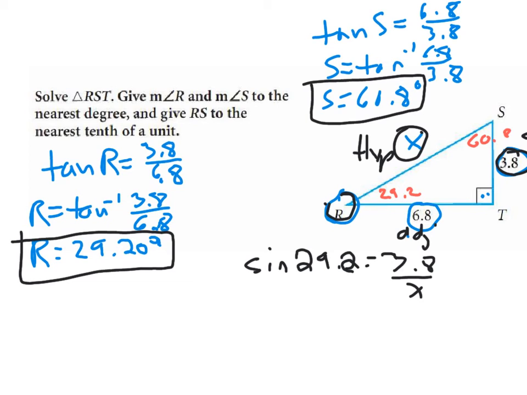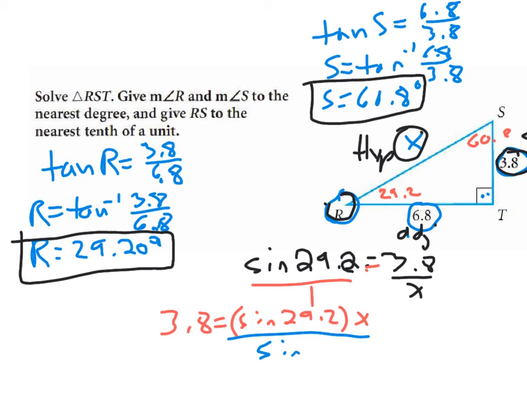Now, as before, we need to make a proportion and cross multiply. We end up with 3.8 equals sine 29.2 times X. So we divide both sides by sine 29.2.